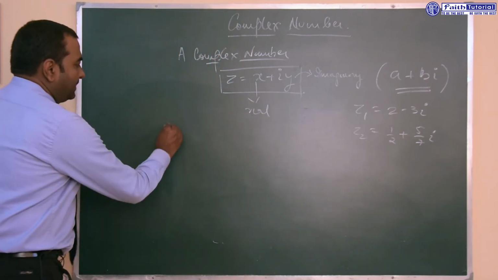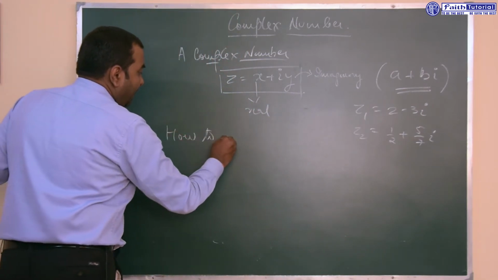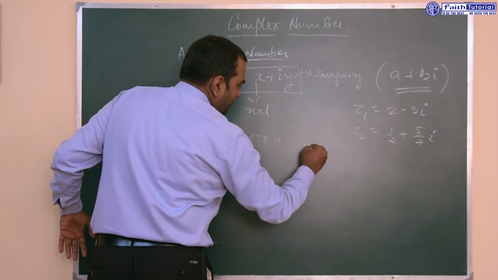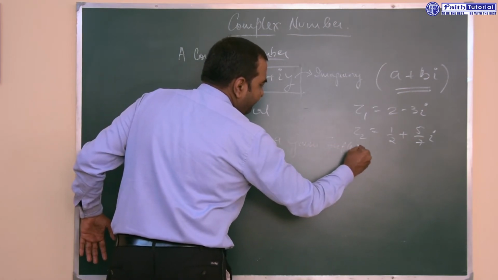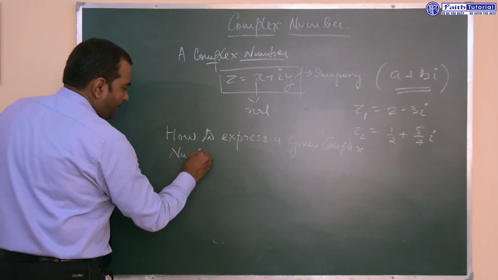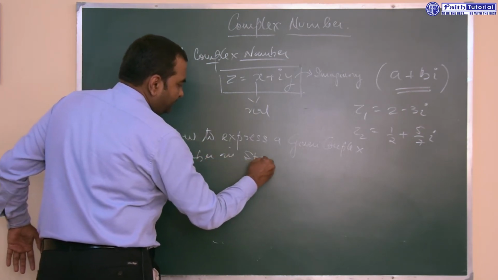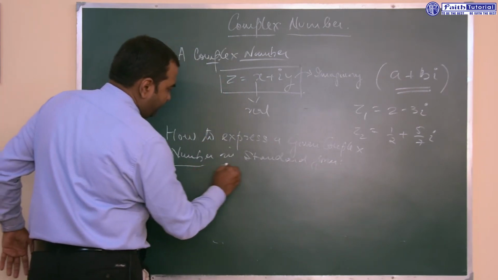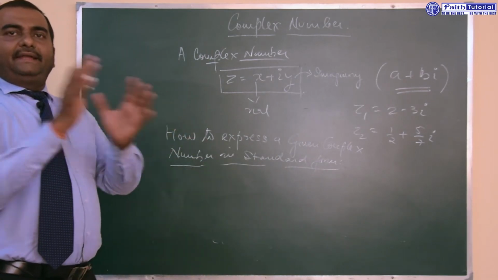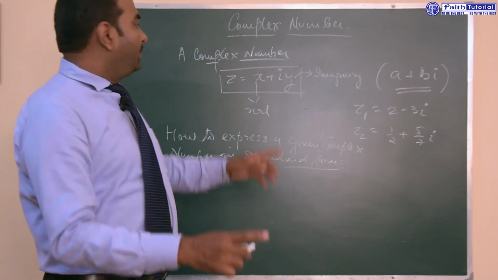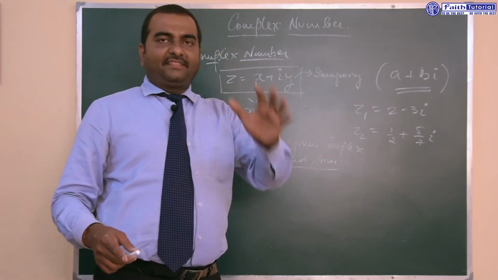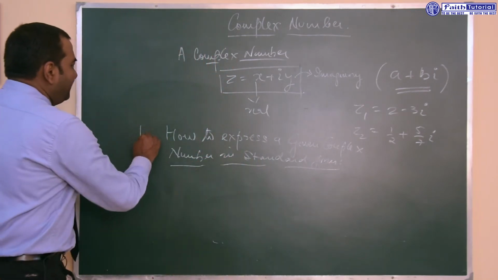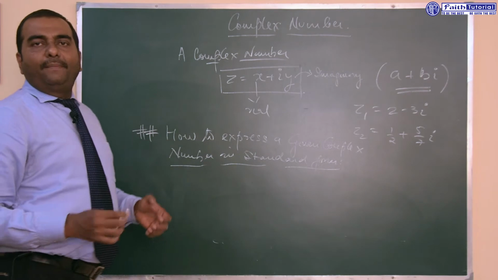Now how do we express a given complex number in standard form? Yes, the entire concept of complex numbers will rotate on the pivot of this phenomenon. Everything we learn from here onwards has to be taken to the form of x plus iy. So that plays a very vital role as far as complex numbers are concerned.